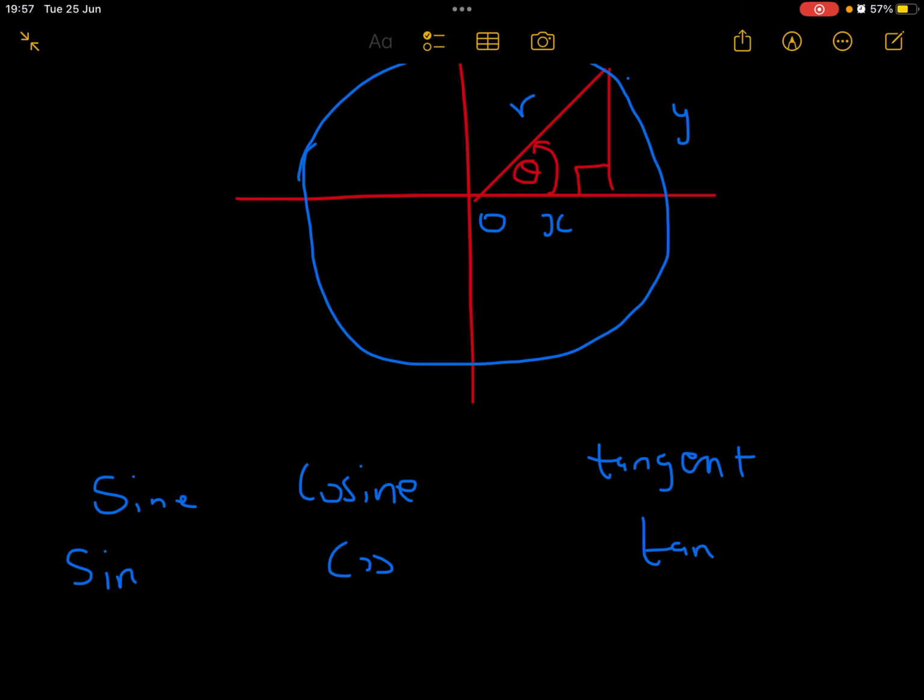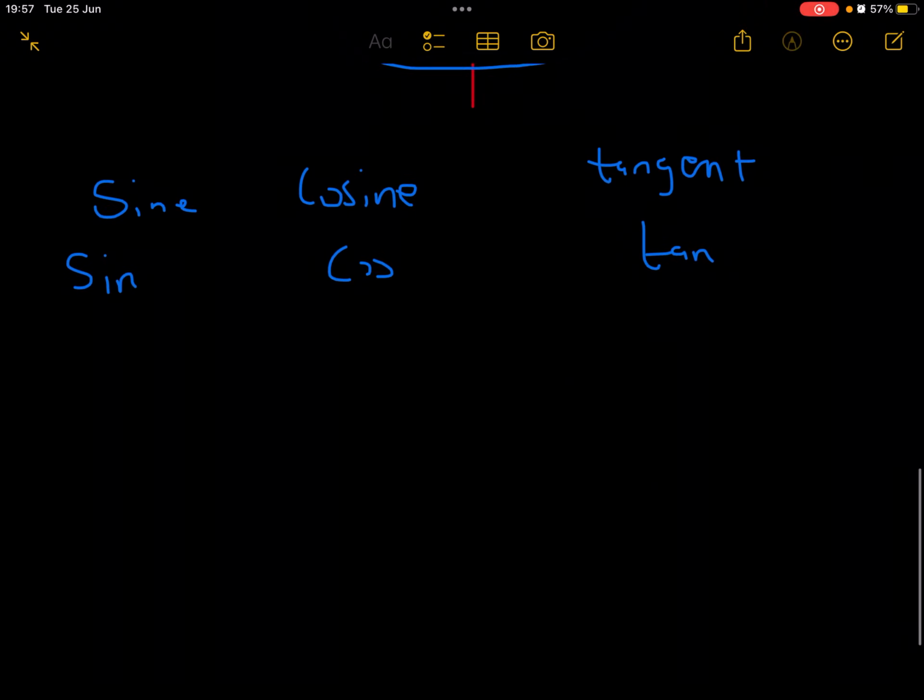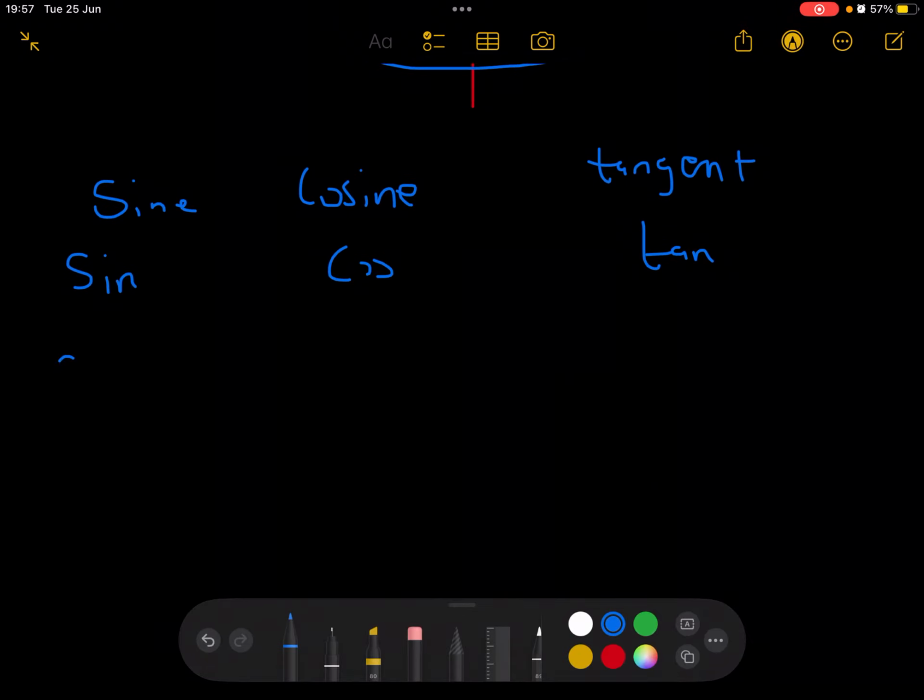So it's sine of an angle, then I call that angle. In this case, we call this sine of an angle theta, cos of an angle theta, and tan of an angle theta.